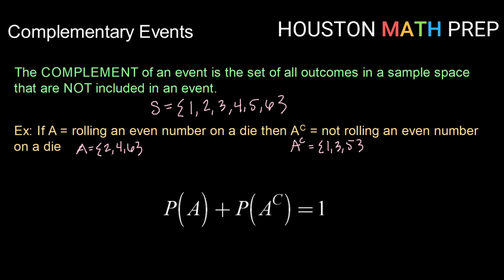Just verifying that with this example, the probability of A in this die example, rolling an even number, would be 3 out of 6, since there are 3 outcomes out of the total 6, plus the probability of A complement. Well, A complement also has 1, 2, 3 outcomes out of the possible 6 in the sample space. So if we were to add those up, we get 6 out of 6, or 1. This relationship will always be present for complementary events.